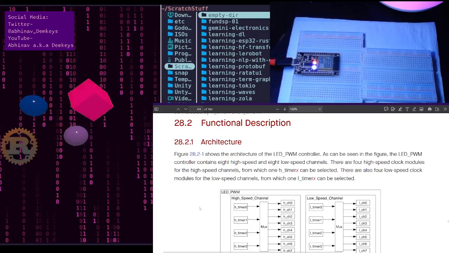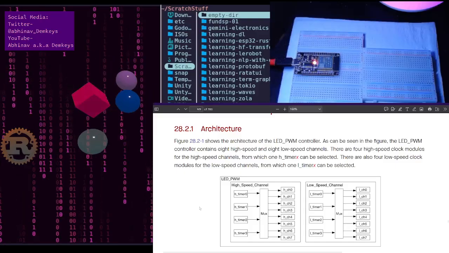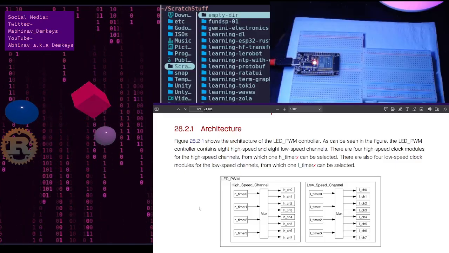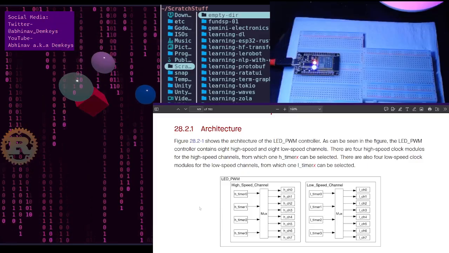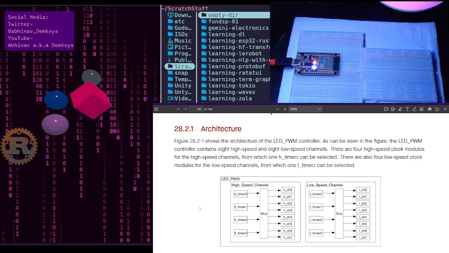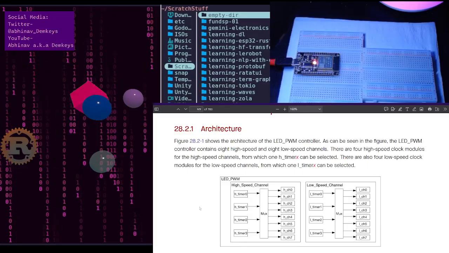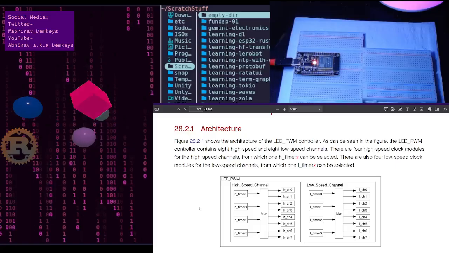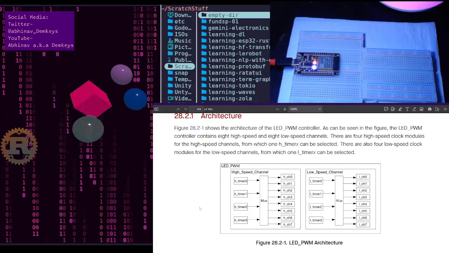Okay. Functional description. Architecture. Figure 4.1 shows the architecture of the LED PWM controller. As can be seen in the figure, the LED PWM controller contains 8 high-speed and 8 low-speed channels.